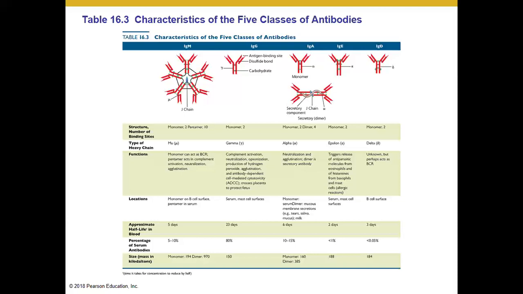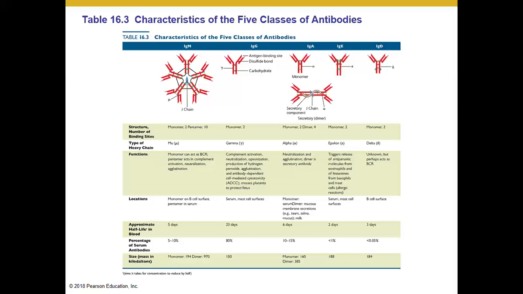And again, this is a nice little table that summarizes some of the unique features. And as I was just talking with Jada, here you can see serum or secreted, with the exception of IgD, which is going to remain on the B cell surface. And again, like I said, other than that, we really don't know what it's doing.